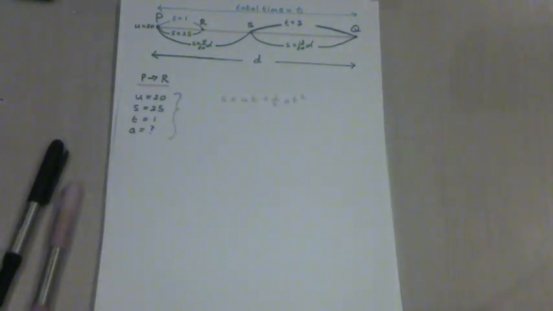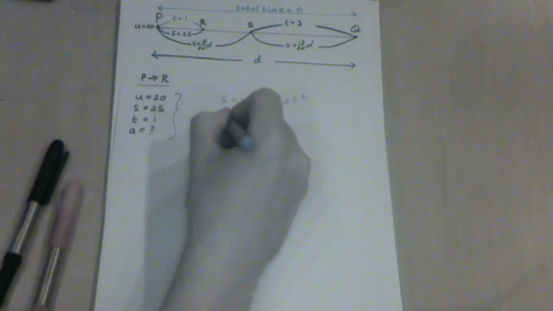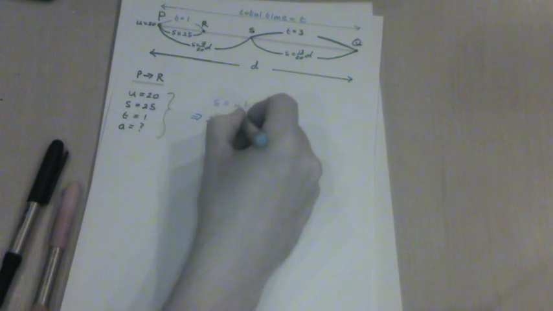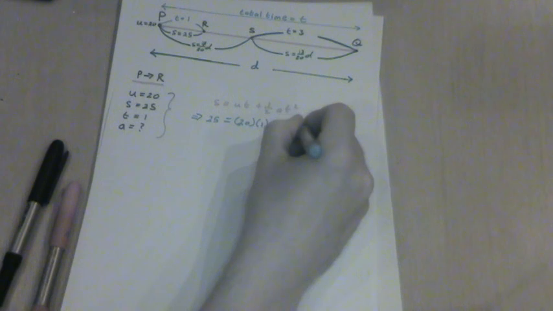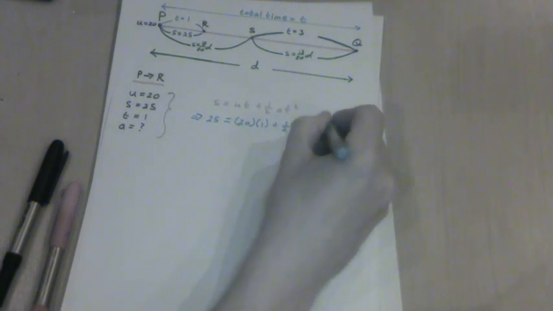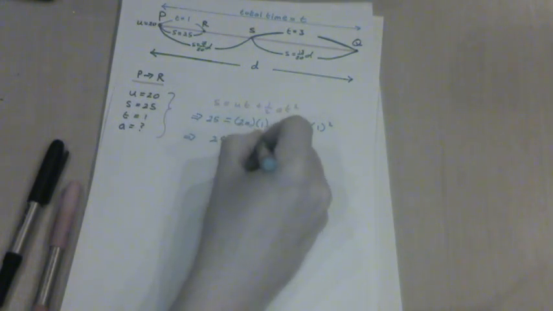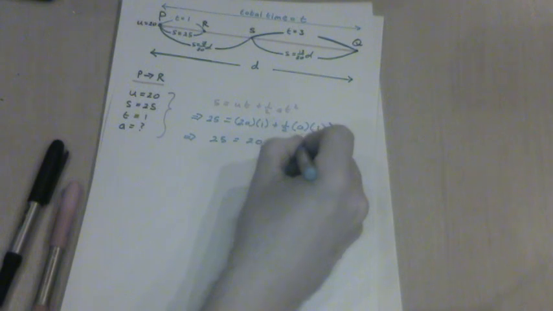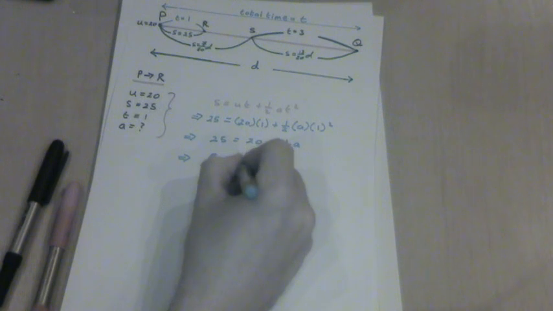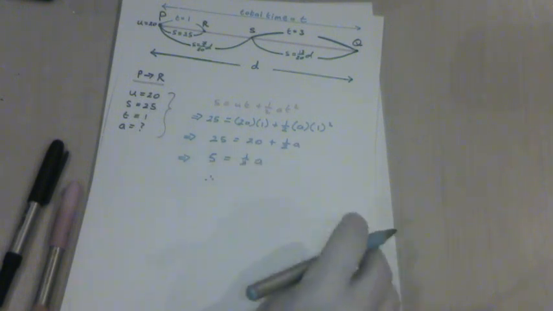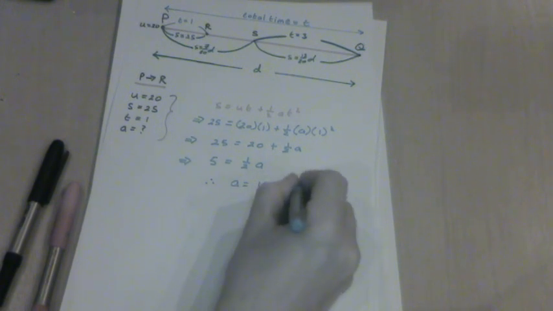Substituting in for u, s and t: 25 equals 20 times 1 plus a half times a times 1 squared. So 25 equals 20 plus a half a, which implies 5 equals a half a, and therefore the constant acceleration a is 10 meters per second squared.